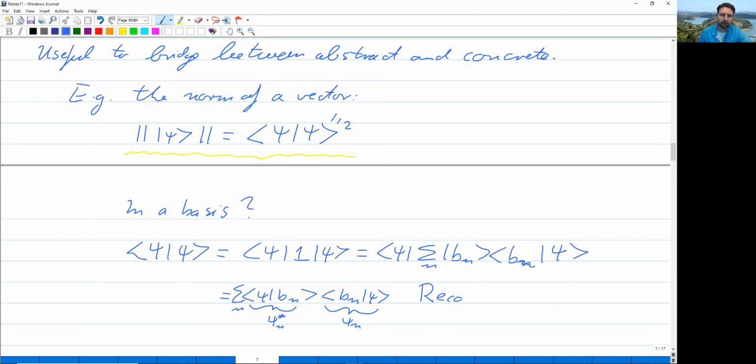Remember, from our Hilbert space axioms that when you have two Hilbert space vectors, let's call them V and W, and you take the inner product <V|W>, then this is the same as if you take <W|V>, except you get a complex conjugation here. That was part of the axioms.